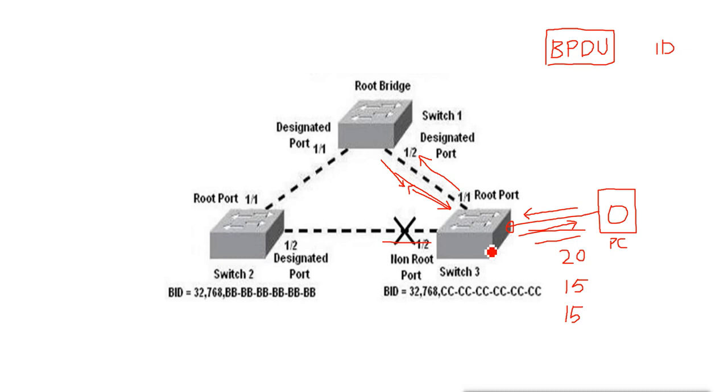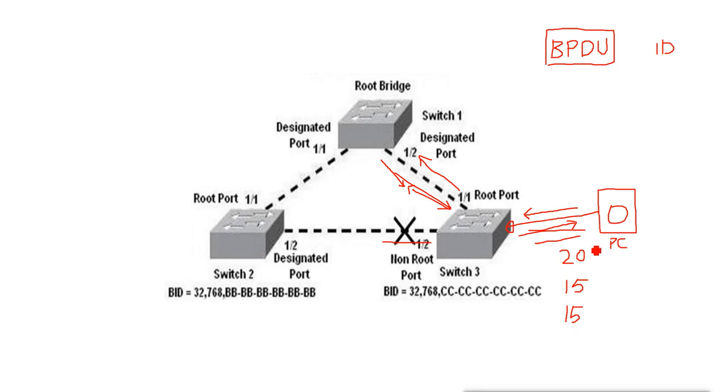And in this state it will also start learning the MAC addresses. So if we have other machines connected to the switch, it will learn the MAC addresses to create the CAM table, the MAC address table, because it has to forward the data for them. But still it will not forward any data. It will remain in this state for 15 seconds.